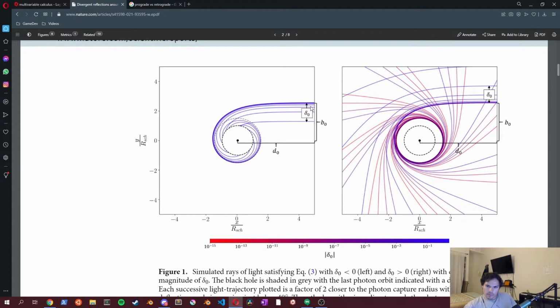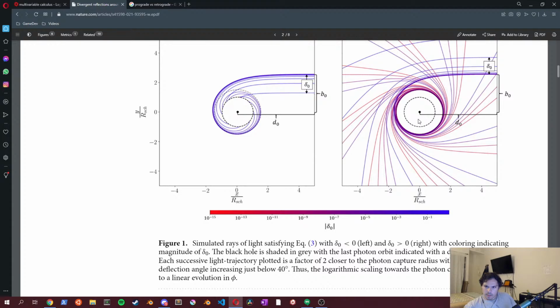If you have only a tiny bit negative delta 0, you will spin around a bunch of times. Or if not a bunch of times, at least once. Okay, so these are only the trajectories where you fall in.